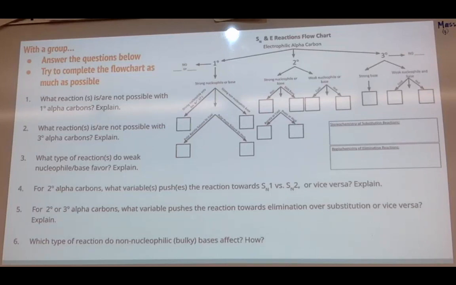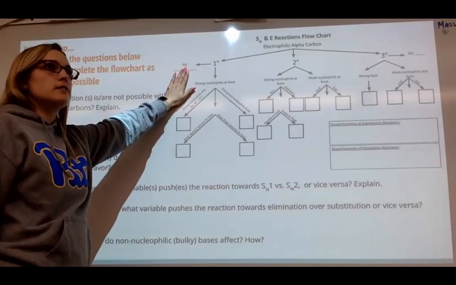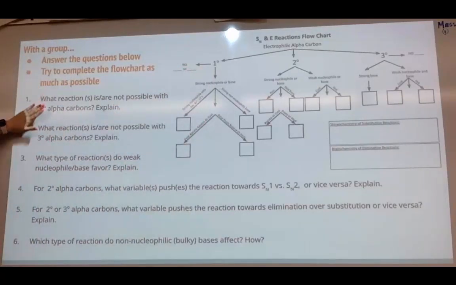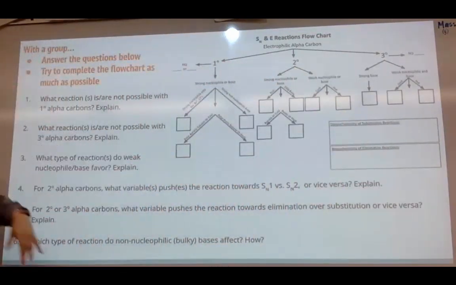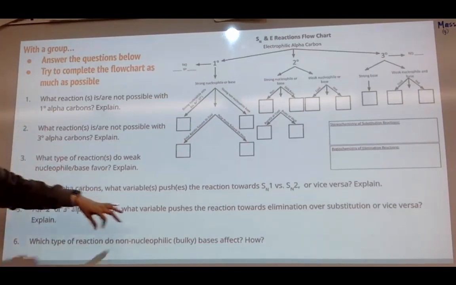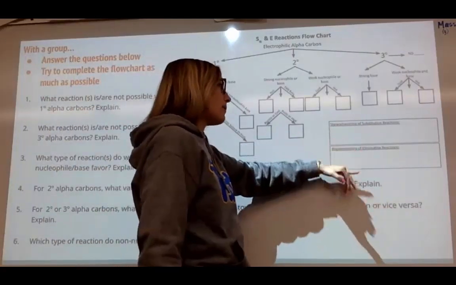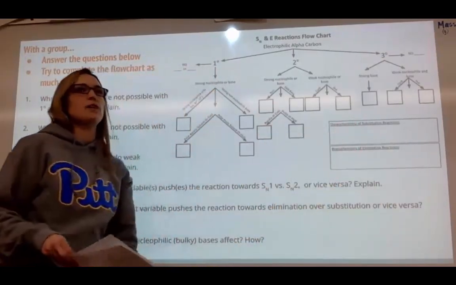Talk to your groups and see if you can answer these questions on what's not possible. It will line up to the flow chart. Once you answer the questions, try to fill in as much of this flow chart as possible. We're going to start class tomorrow by verifying what you filled in and also talking about the stereochemistry and the regiochemistry of each type of reaction as well.